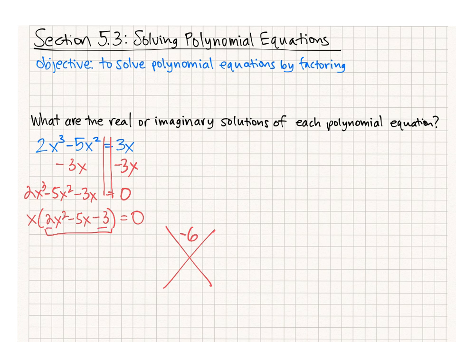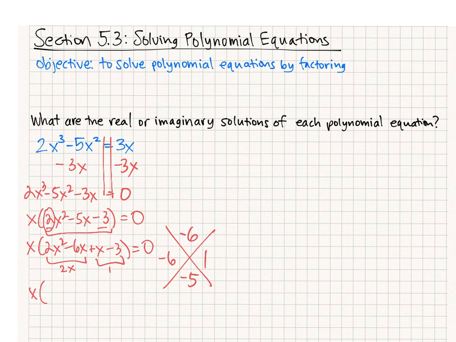2 times negative 3 is negative 6, and negative 5 it has to add up to. So what is this, negative 6 and 1? Yeah. Okay, and because this isn't 1, we can't do the shortcut. So we'll have to split the negative 5x into negative 6x and 1x. And then do our GCF of these two, which is 2x, and this is just 1.